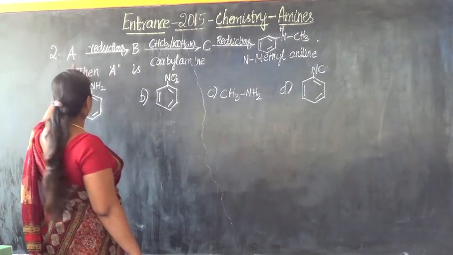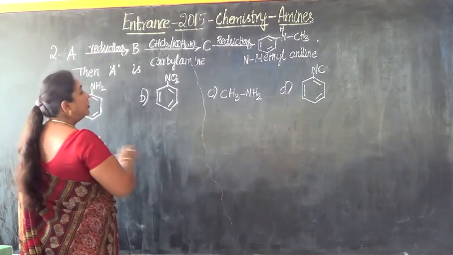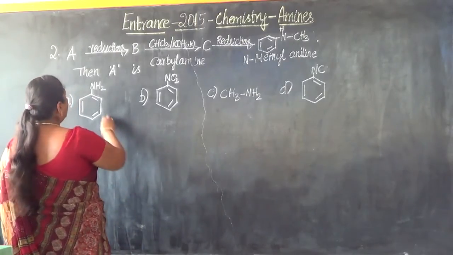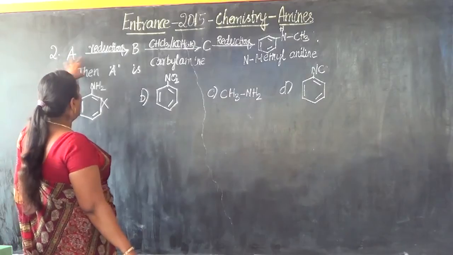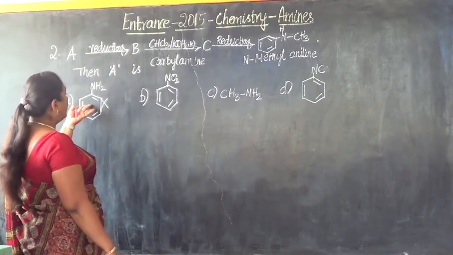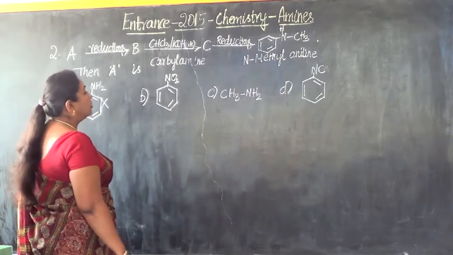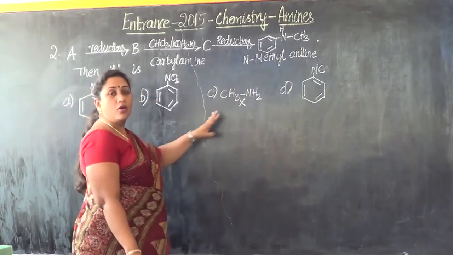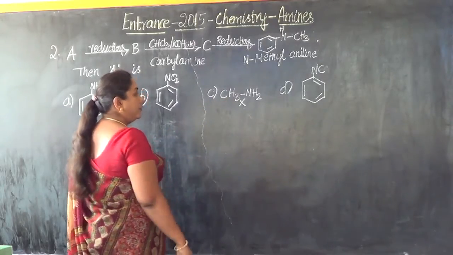So if we get a primary amine upon reduction of A, we now have to choose the option. Can this be this? Definitely not, because A has to be subjected to reduction to obtain B, and here we already have a primary amine without reduction. Same is true for this case; this is also already a primary amine, so no further reduction is possible.